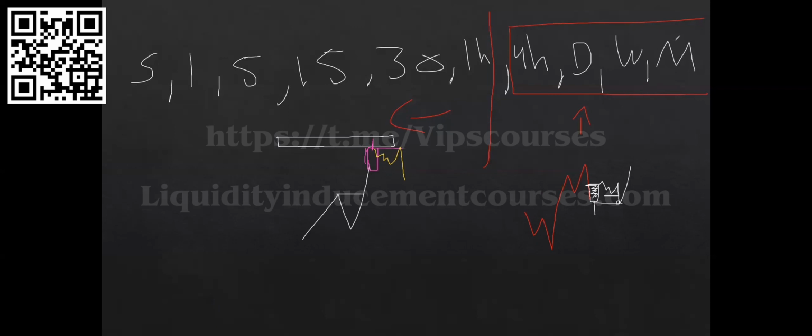And then the monthly is checked at the end of every month. On the monthly, we don't really care much about the structure, but we still want to know where the monthly is coming into, where it's reacting from, and like I just said, where can it come into? That's it. And if you're able to see the structure on the monthly clearly, then mark it up.